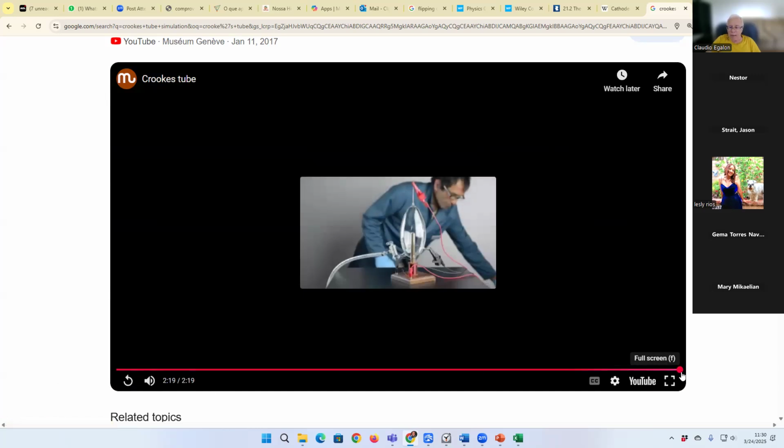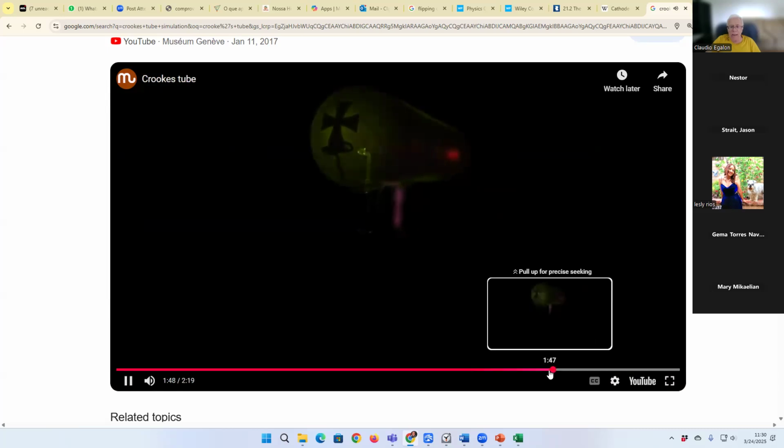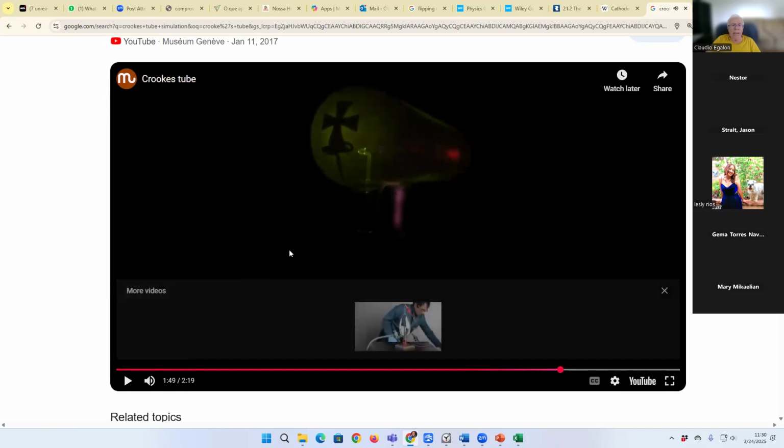Now, if you think about that, right now we cannot see the electrons inside the tube. We can see only the result of the collision of the electrons with the phosphorescent material, okay? But what's happening here? There are electrons moving through this space between the cathode here and the wall of that glass tube, okay?